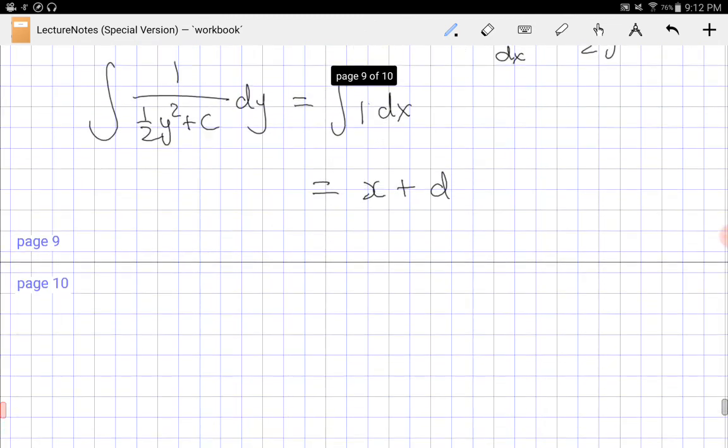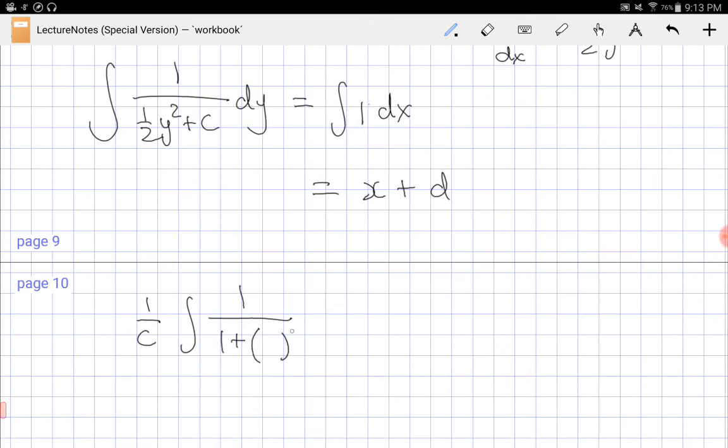On the left hand side, we can actually factor out 1 over c. You have 1 over c times the integral of 1 over 1 plus, and I'm going to write all of this under a square and get 1 over root 2c y.